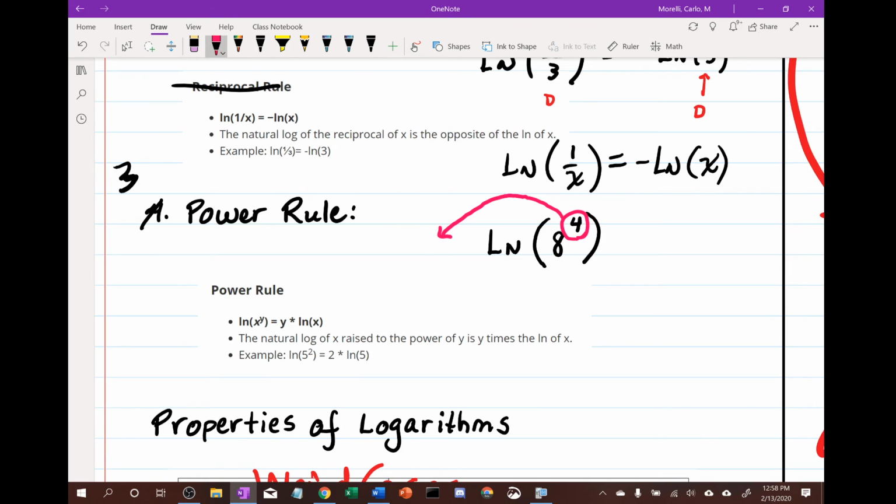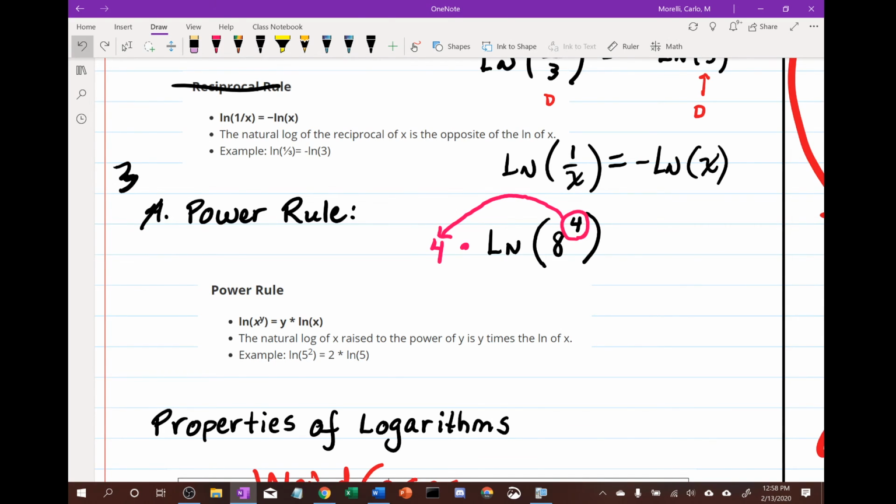Gets himself one of those tiny houses, builds it, plants his flowers, puts his little picket fence up, and he's going to live right here. And he's now multiplied by ln of 8. That's the power rule.